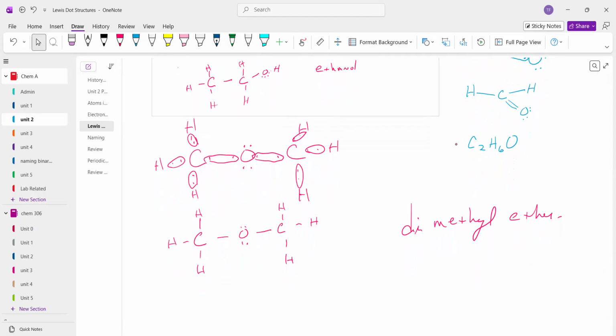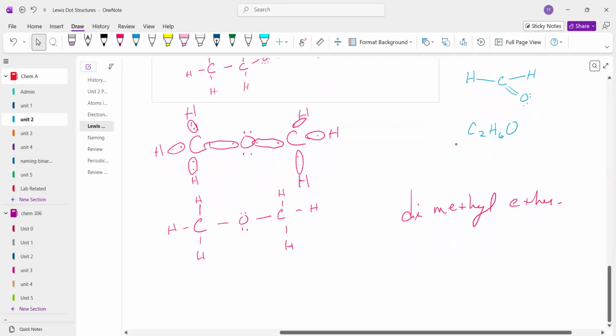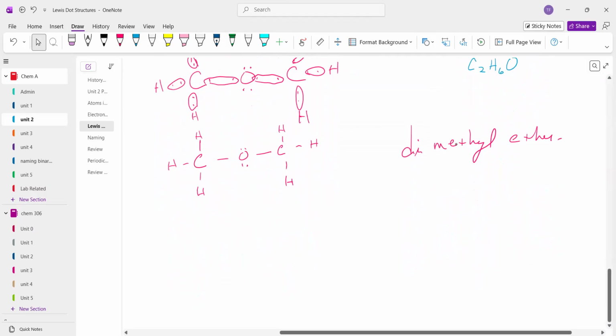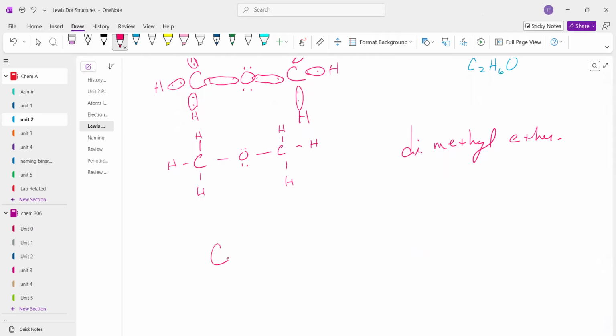Now let's do one more. This time we're going to have the oxygen connect with both carbons at the same time. And why did it do that? Let me get rid of this. Okay, so we're gonna have carbon, carbon.